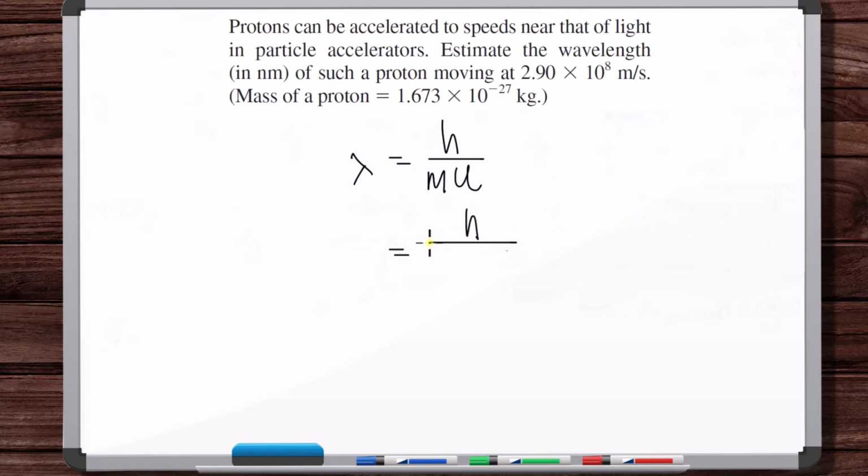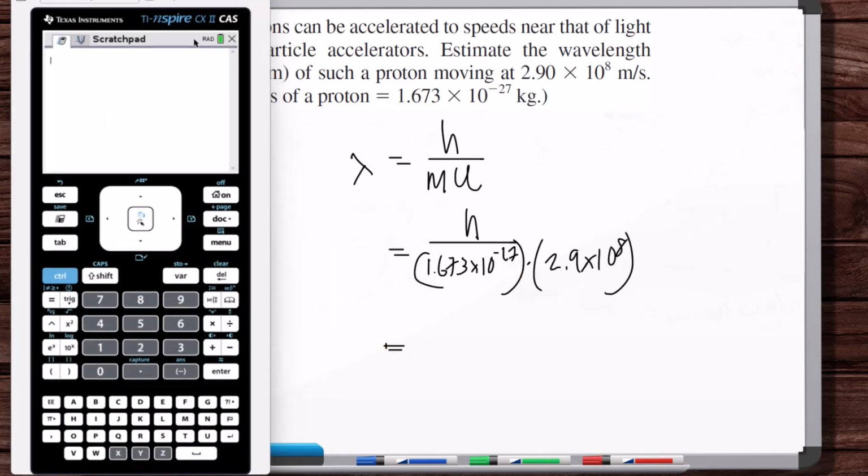Planck's constant is in kilograms, meters, seconds. The mass is in kilograms, so 1.673 times 10 to the minus 27. Velocity is 2.9 times 10 to the 8th meters per second.